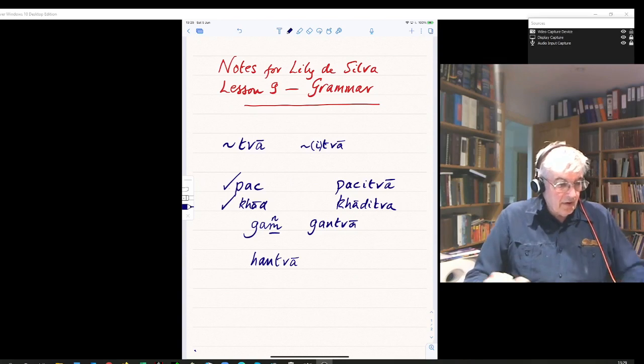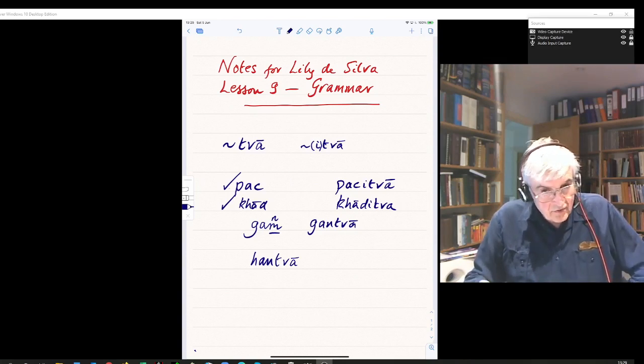Now the book goes on to say the suffix ya is sometimes added to roots with a prefix.